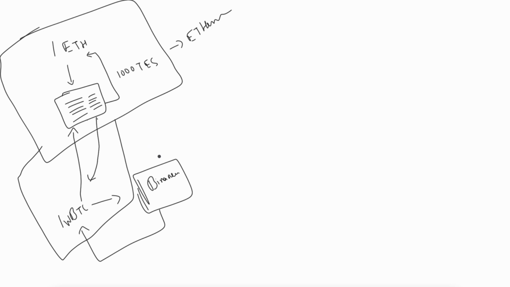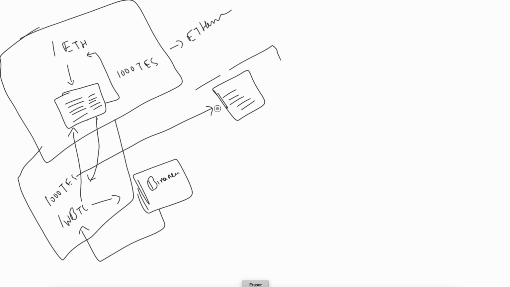Then this 1000 Tesla coins you have right now, you send it to the Tesla smart contract, which is also written by some smart people like you. They will receive these 1000 Tesla tokens and will create a digital asset, which is also called an NFT, a non-fungible token.